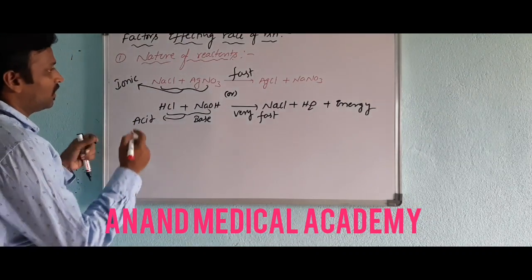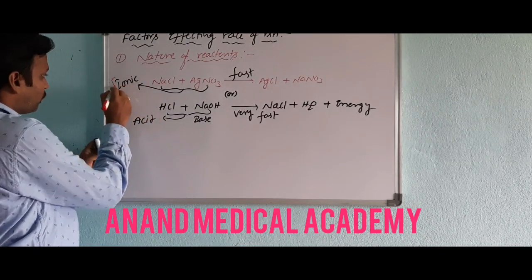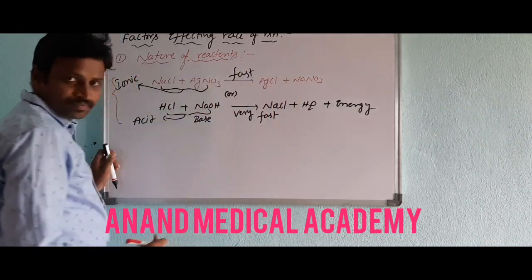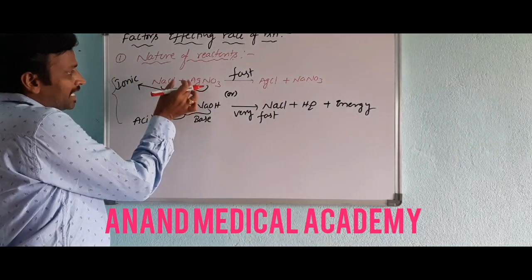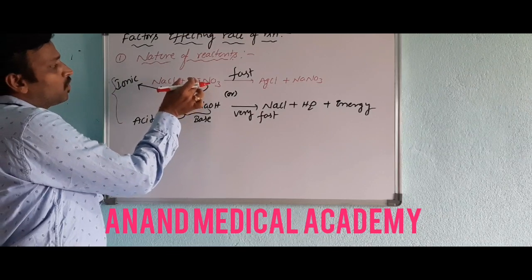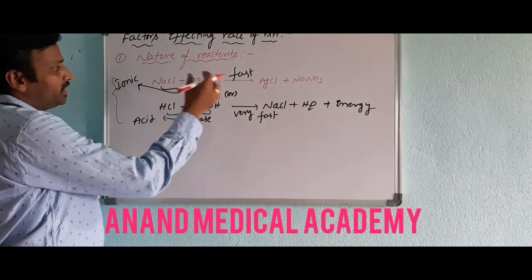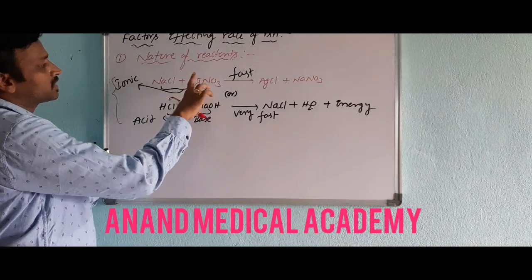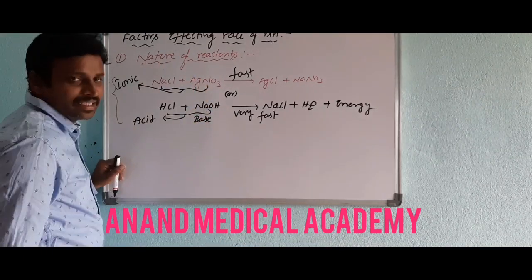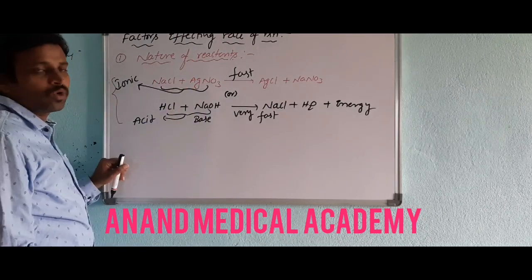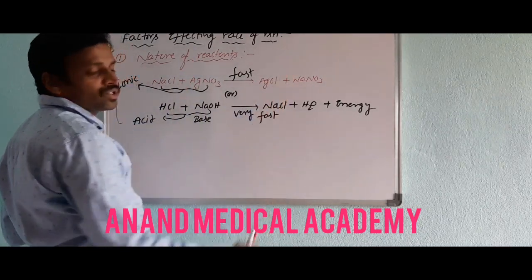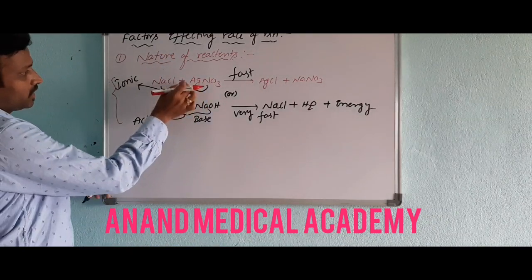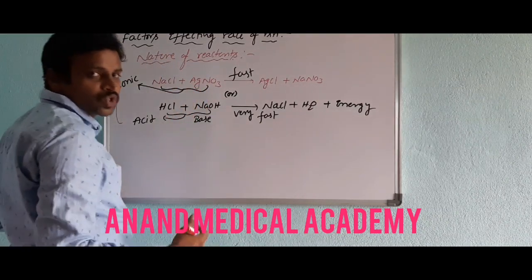If you see these two, the reaction is fast, means the reaction has more speed. Rate of reaction is very high, because here ions can just exchange easily. There is no breaking of old bonds. There is no formation of new bonds. Just exchange of ions takes place. That's why this reaction takes place with more speed.